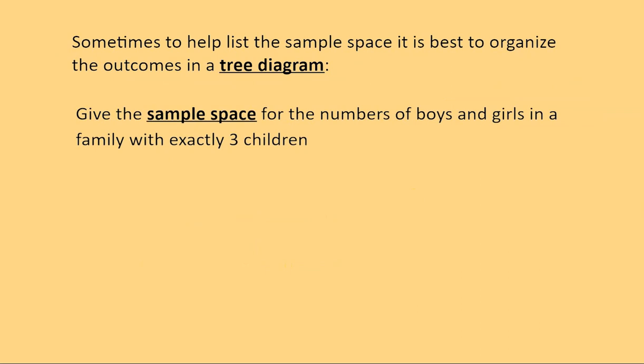Sometimes, to help list the sample space, it's best to organize the outcomes in a tree diagram. Give the sample space for the number of boys and girls in a family with exactly 3 children. So if we were going to use a tree diagram, we could set it up like this.